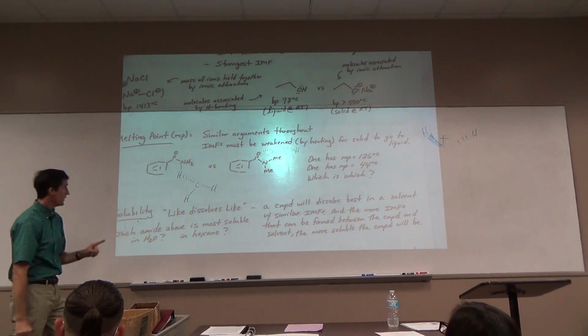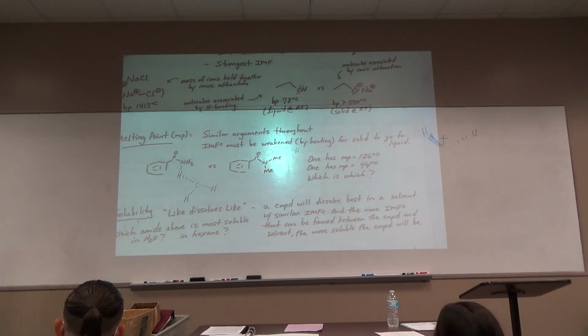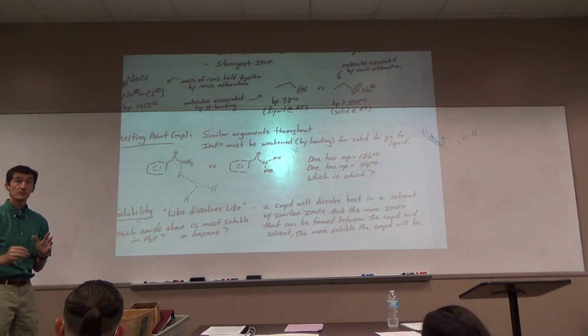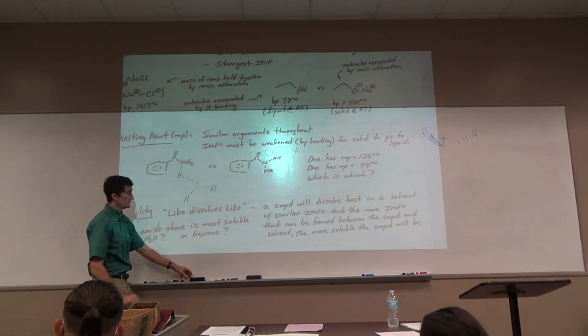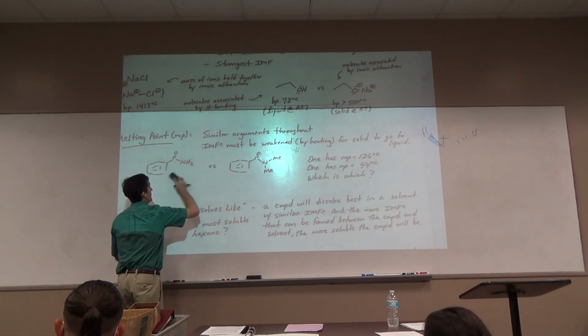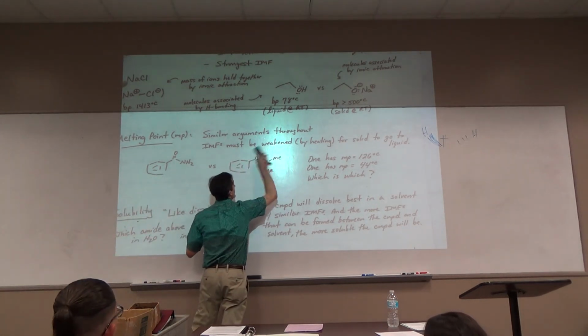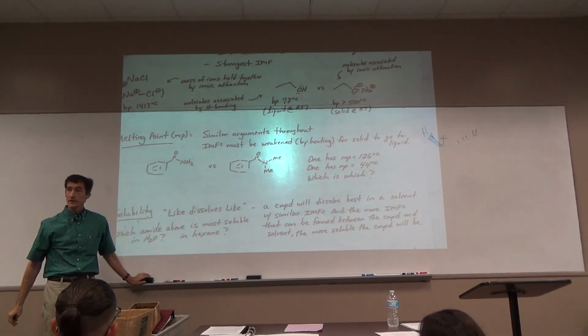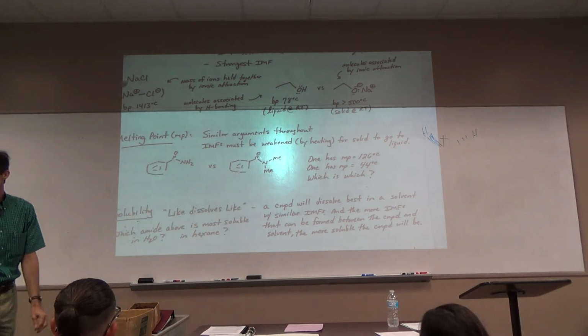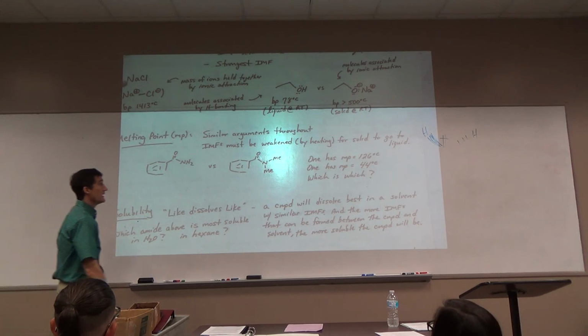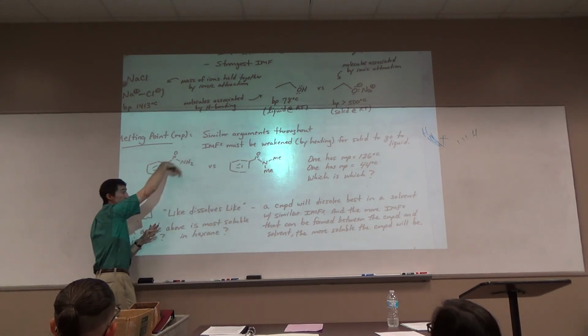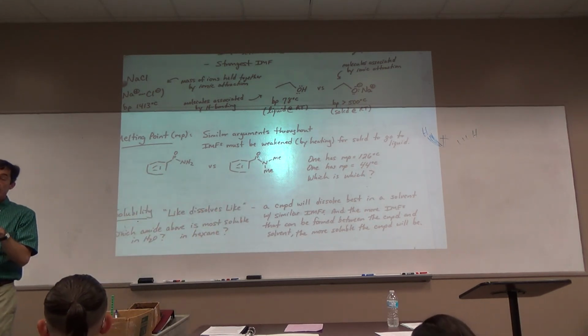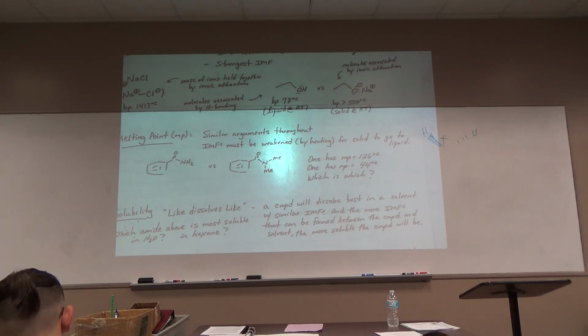Okay, which one should be more soluble in hexane? Just plain hydrocarbon. Probably the second one, but not very much. Which one more soluble in hexane, which is nonpolar hydrocarbon? Second. This one. Because the more hydrogen bonding you see, that's because there's more polarity.